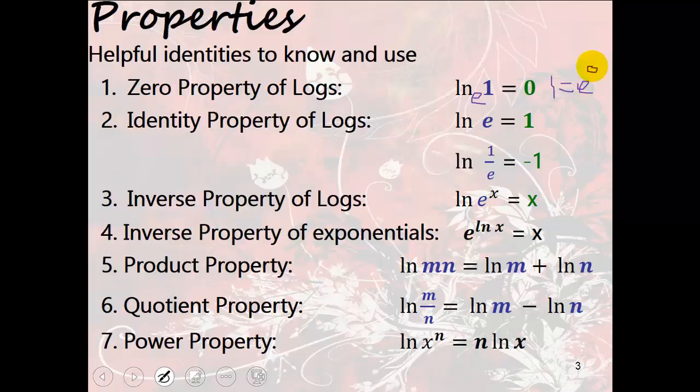The identity property says that the natural log base e of the input e equals 1, because my input e will equal e to the first power.